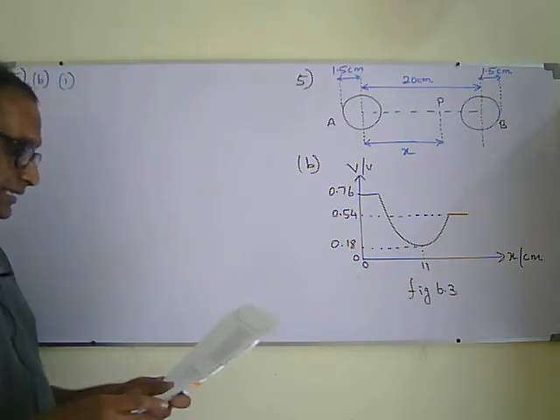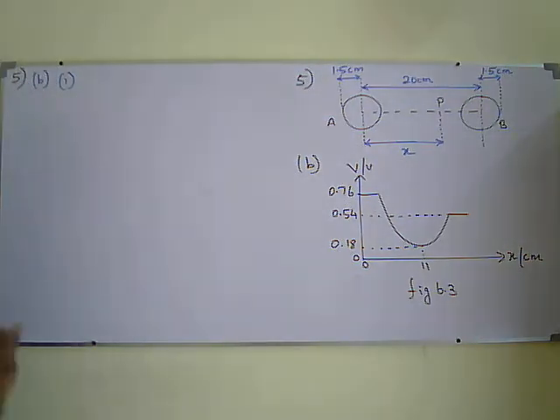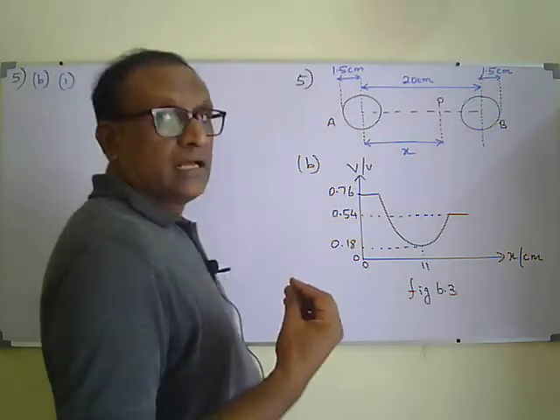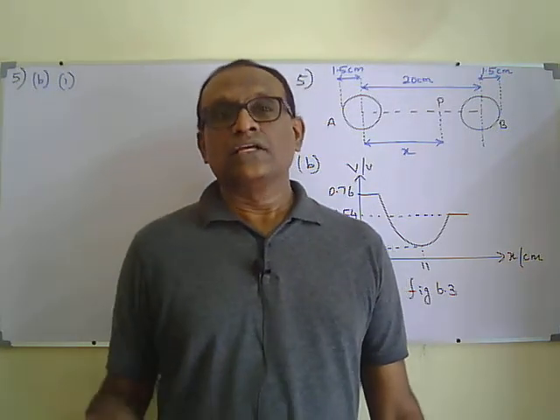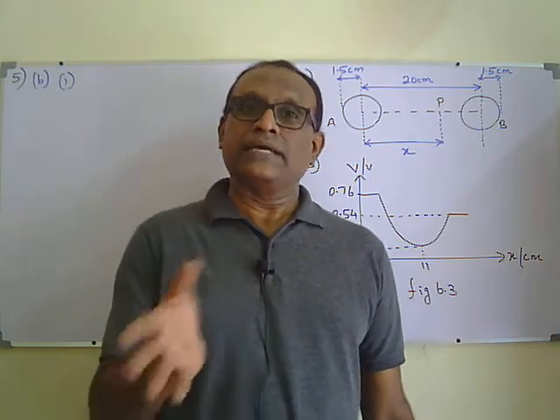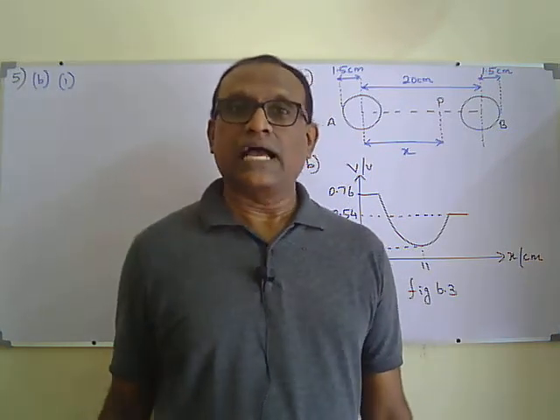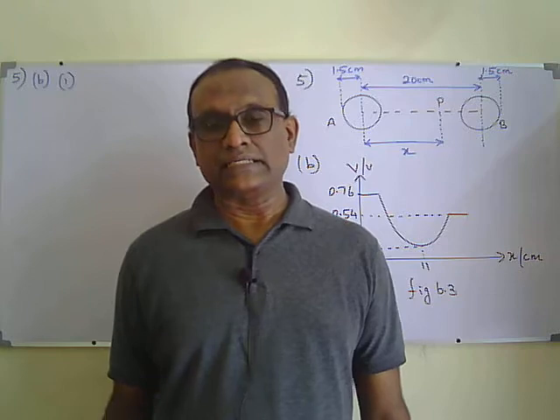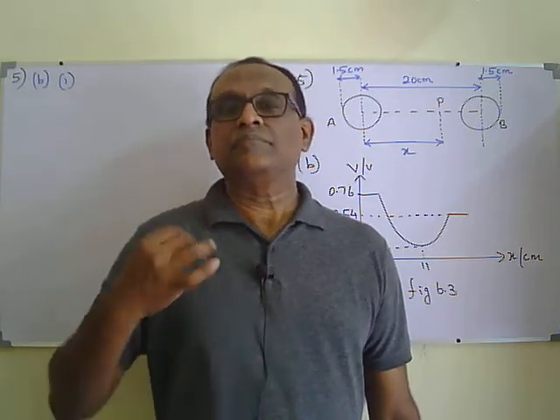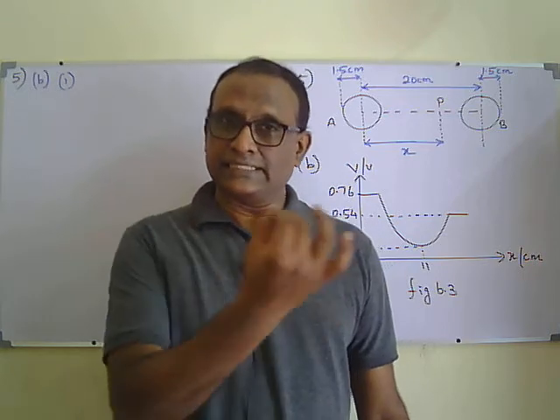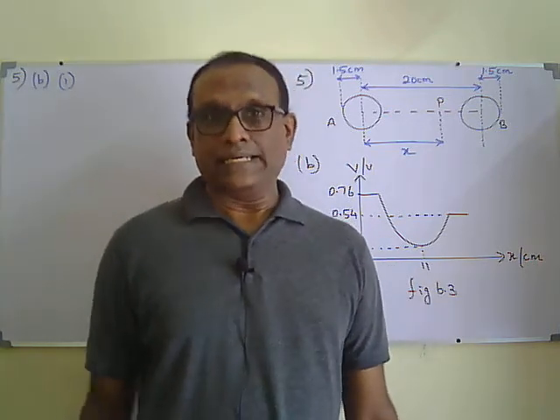So maximum speed occurs when there is maximum work done on it. Whenever there's maximum work done by the electric field on the alpha particle, a positively charged particle, it will get the maximum kinetic energy. That will be the maximum speed.